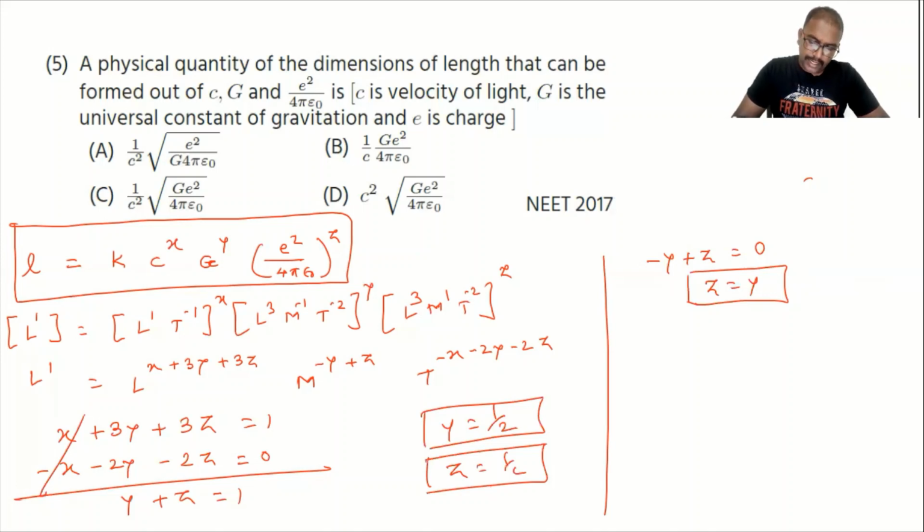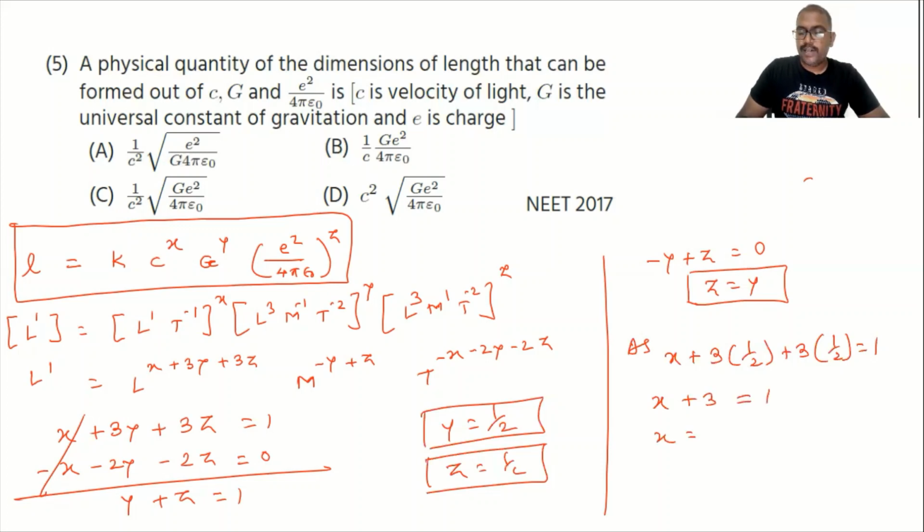So x plus 3y plus 3z, I've substituted, equal to 1. So x plus 3 by 2 plus 3 by 2 is 6 by 2, which means 3, is equal to 1. So x is equal to 1 minus 3, which is minus 2. So this is the value.